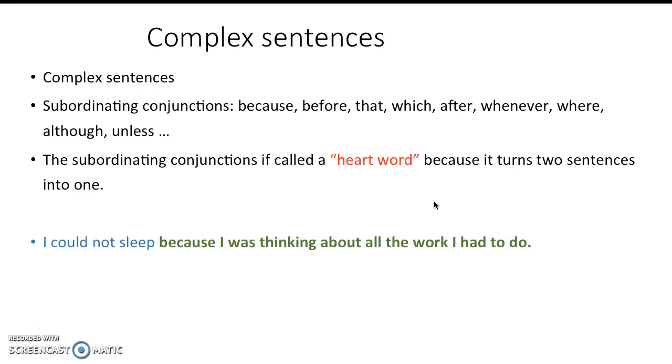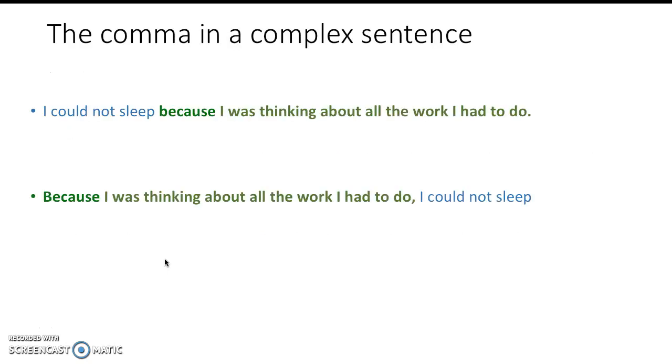Okay: I could not sleep because I was thinking about all the work I had to do. So in this case, since you've put the subordinating conjunction over there, the complex sentence doesn't require a comma.